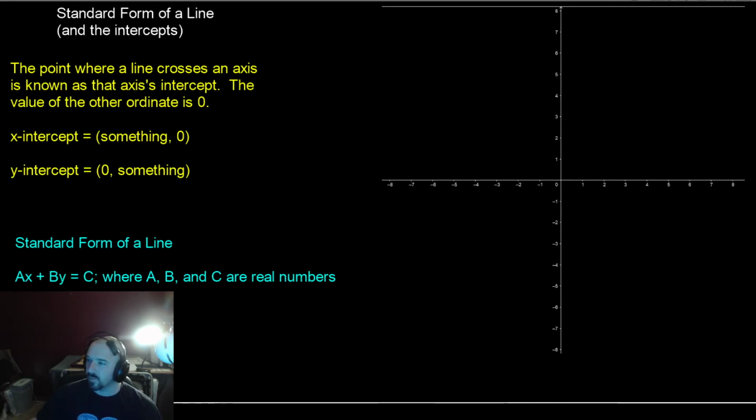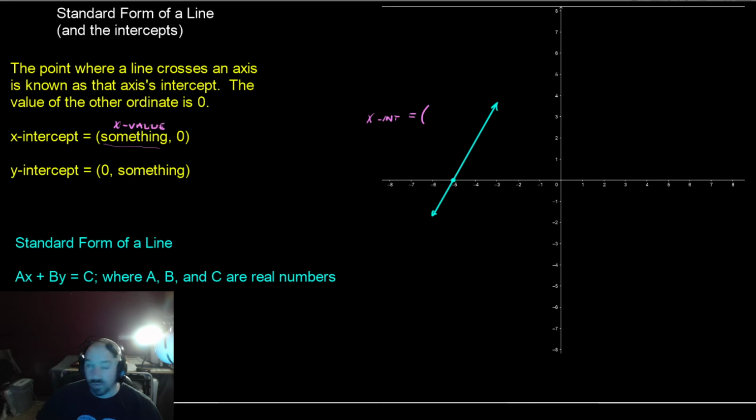So if we want to find the x-intercept, for instance, the place on x where it crosses, we might have a point here. And if we had a line passing through that point, it doesn't really matter what the equation of the line is, it's just a line cruising along, then we can say that its x-intercept is equal to something, and that something refers to the x value.